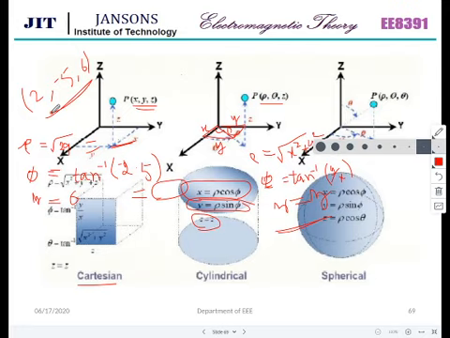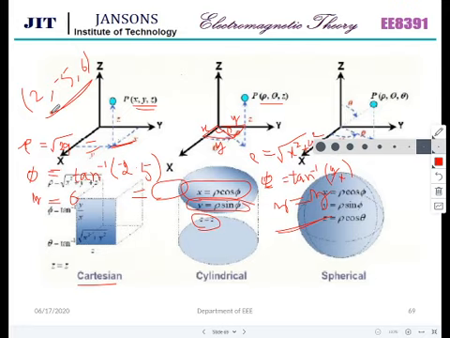Cartesian is represented by x, y, z, cylindrical by rho, phi and z, and spherical by r, theta and phi.